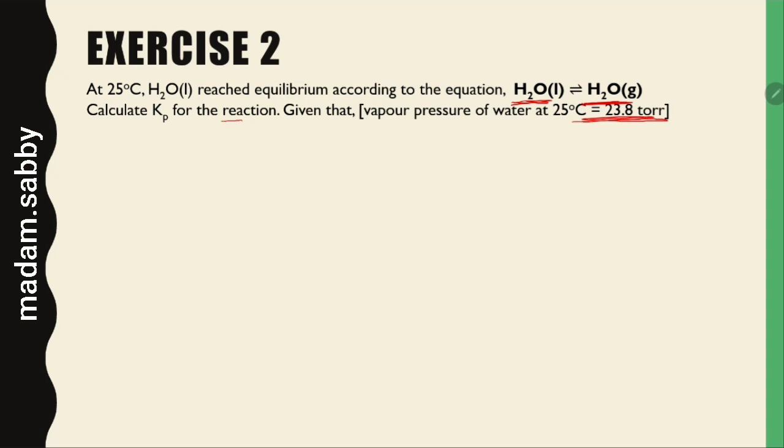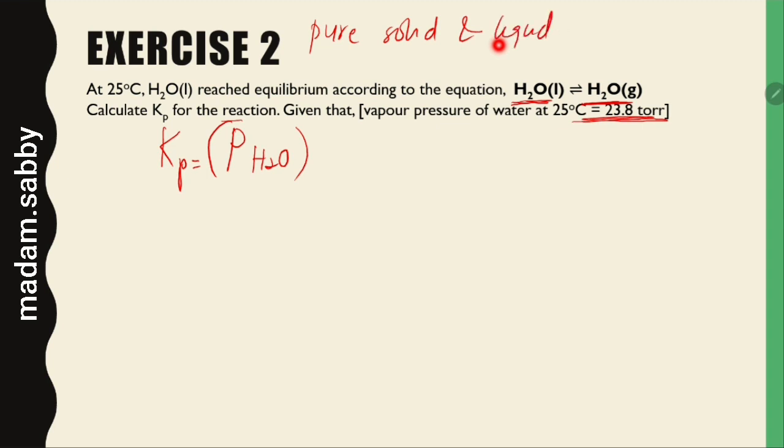So Kp equals the partial pressure of H2O. When you're writing down your Kc and Kp, all pure solids and liquids are removed from the expression.